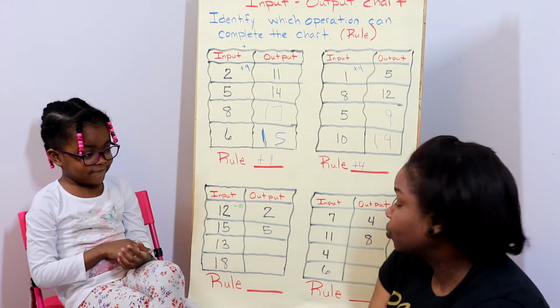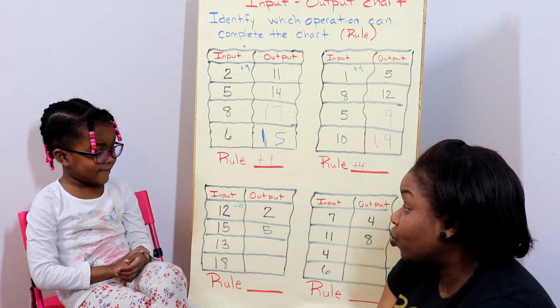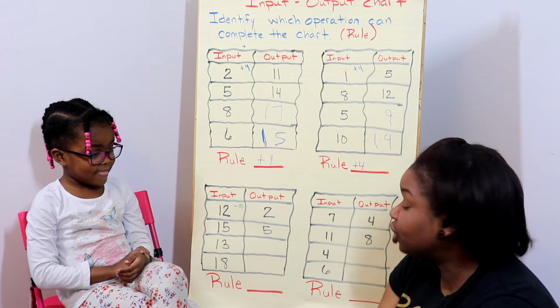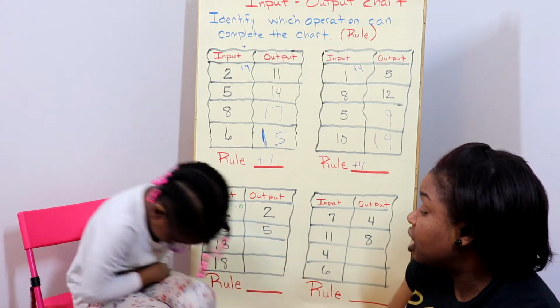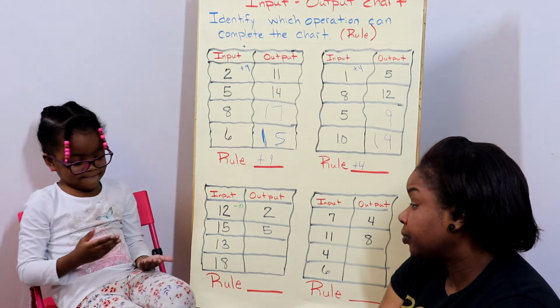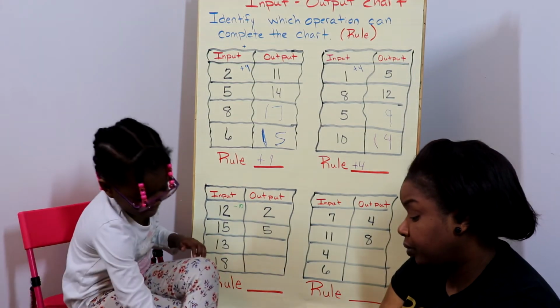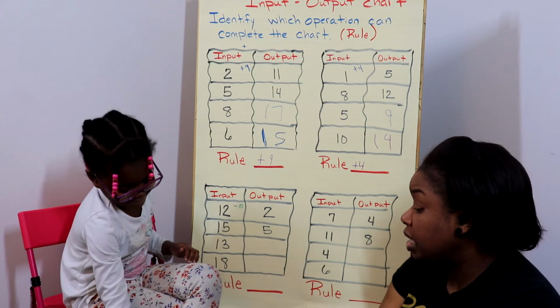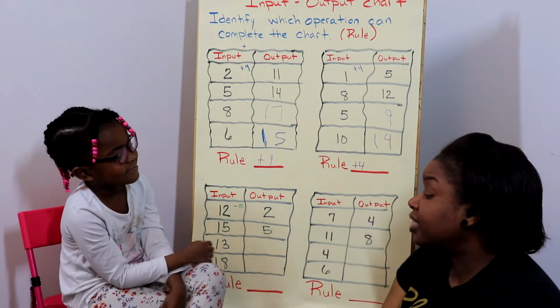It's 5. Uh-oh. We hit a bump in the road. Let's try it again. You have 13. Where's your 13? Show me your 13. Okay, so now take 10 away.